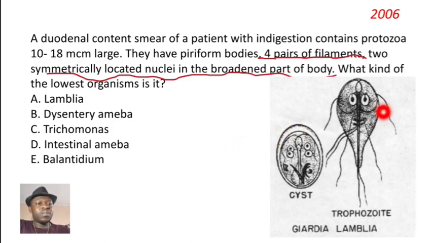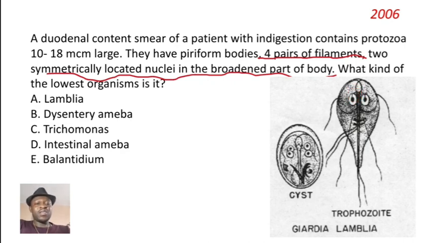And it looks like this. You can see this one is a trophozoite and this one is the cyst. On the trophozoite, I said 4 pairs of filaments, that's your first hint. That's 1 pair, this is the second pair, and this is the third. Then this one in the middle is called the axostyle.